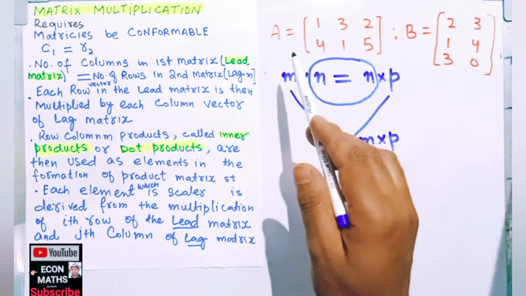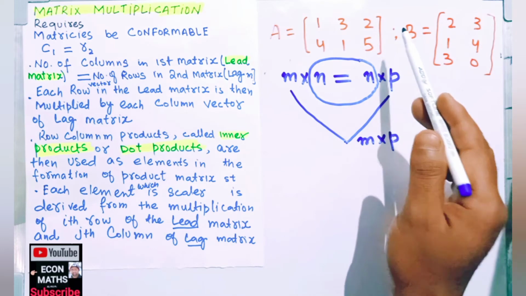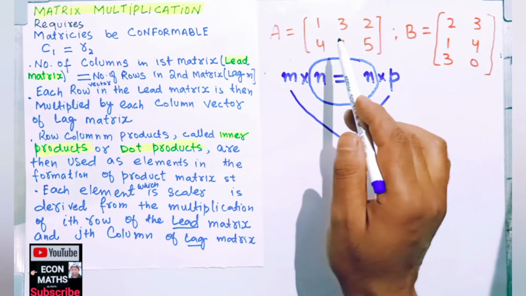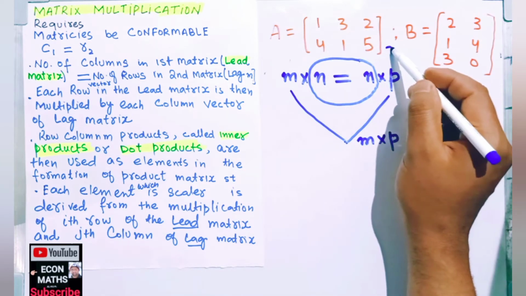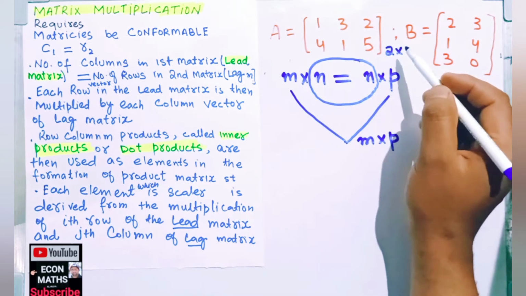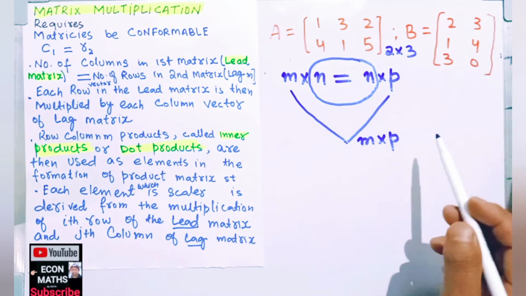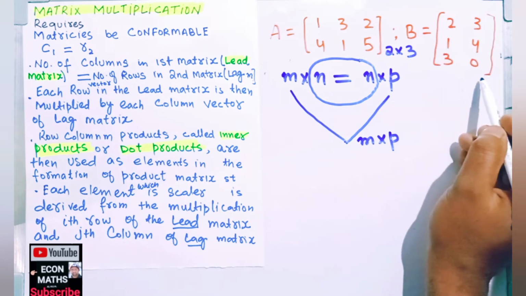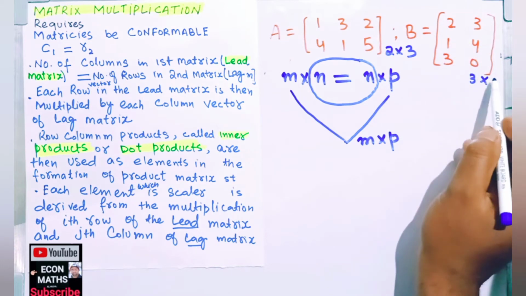Now if we apply this formula on the given example, the number of rows here is 2 and the number of columns is 1, 2 and 3. Similarly here the number of rows is 1, 2 and 3 and the number of columns is 1 and 2.